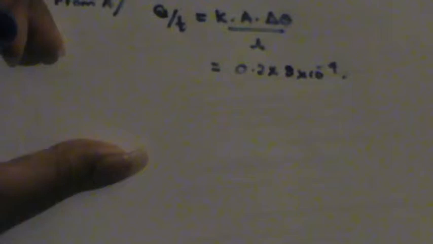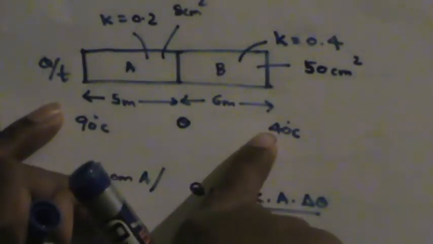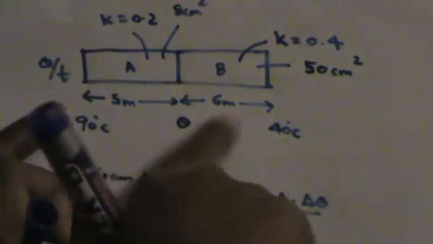K is equal to 0.2. A is 8 centimeter square, and since we are using SI units, we convert that: 8 times 10 to the power minus 4 meter squared. Delta theta: this temperature is 90, this one is 40, so the intersection temperature will be between 90 and 40.